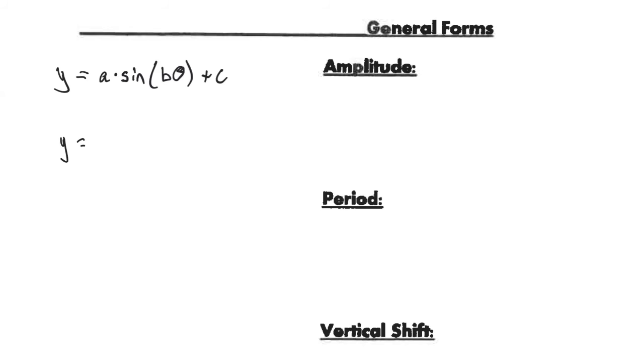The standard form for the cosine looks identical. It just says cosine instead of sine. The amplitude you can find from the function is simply a. And the period is 2 pi divided by b.